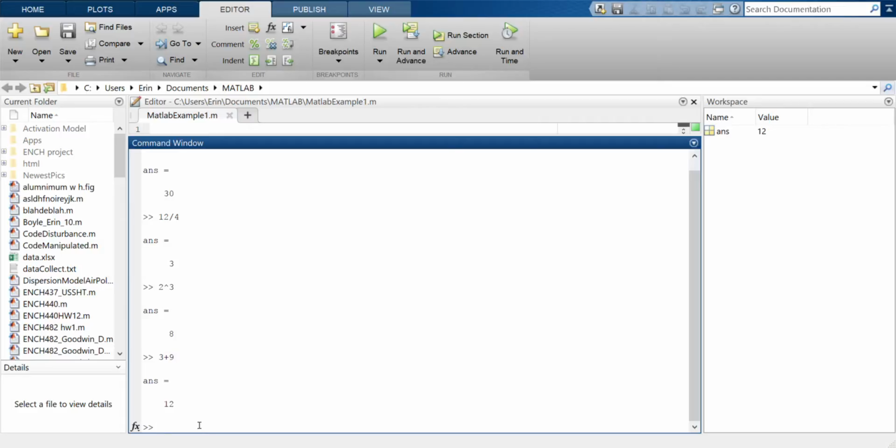If you want to do a complicated math problem, you have to remember your order of operations. So parentheses, exponents, multiplication, division. If I type 3 times 2 plus 1 over 5 to the second, that's going to give me a different answer than if I type in 3 times 2 plus 1 over 5 squared.